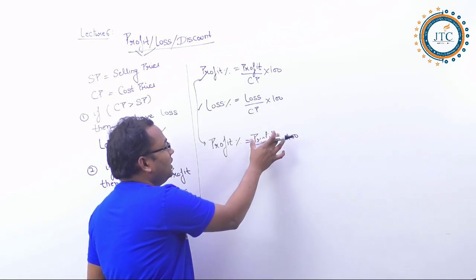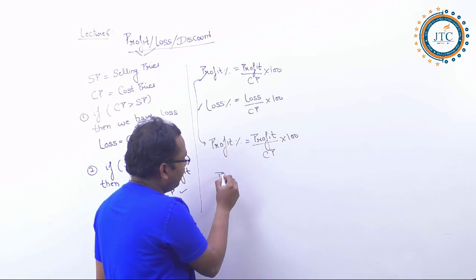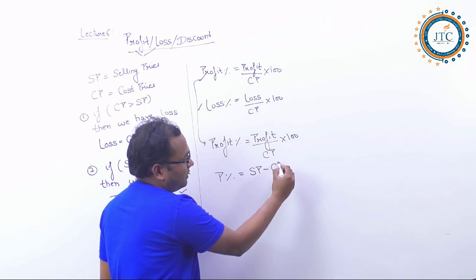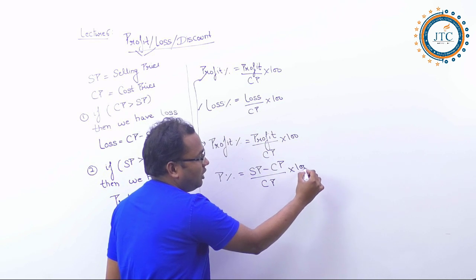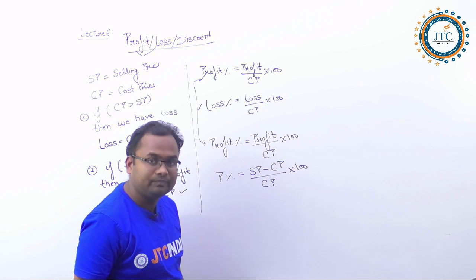So first of all, substitute the value of profit. What is the value of profit here? Profit percent is equal to selling price minus cost price by cost price into 100. We substitute here SP minus CP.